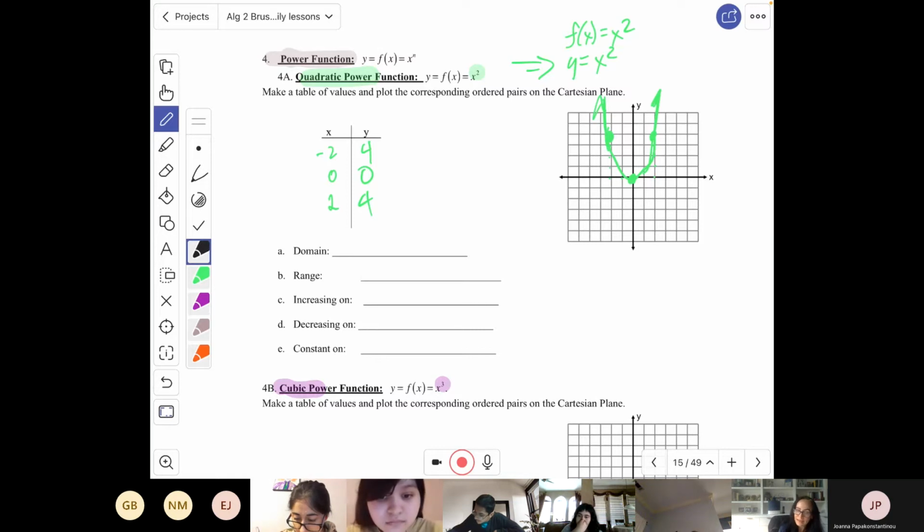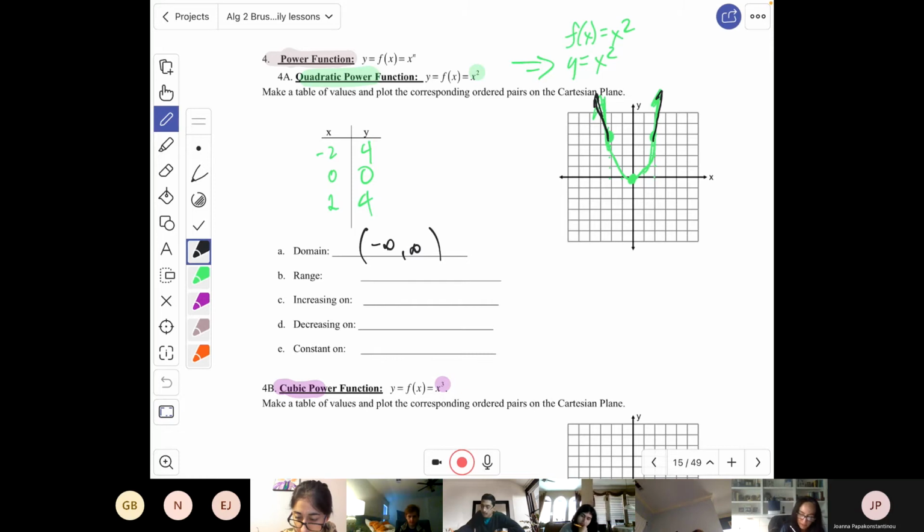What is the domain of this parent quadratic function as an interval? What is the domain? -3 to 2. Okay, well, but it goes on forever, right? Oh yeah, negative infinity to infinity. Beautiful. All right. What about the range?